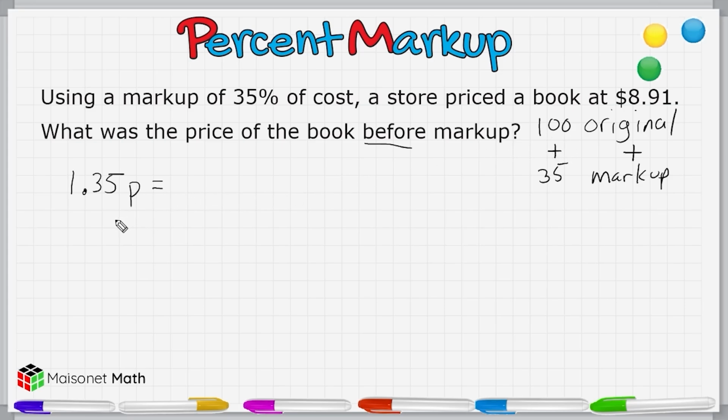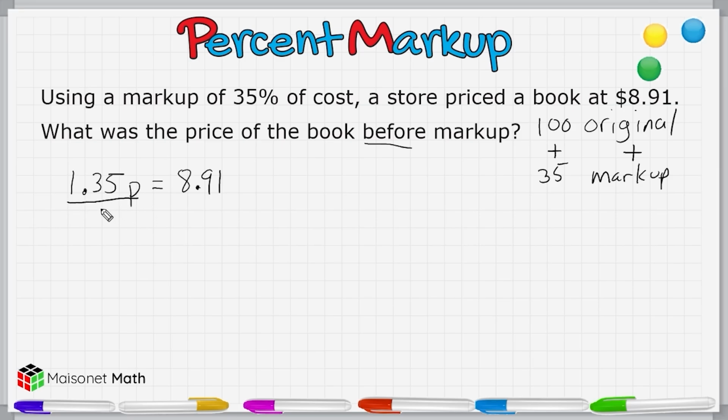So basically we're taking 1.35 and multiplying it by whatever that original price is. So really when you think about it, we have 135% of the original price to get our new price, which is $8.91. So now we have a simple equation here that we can solve for our unknown variable, the price of the book in this case.